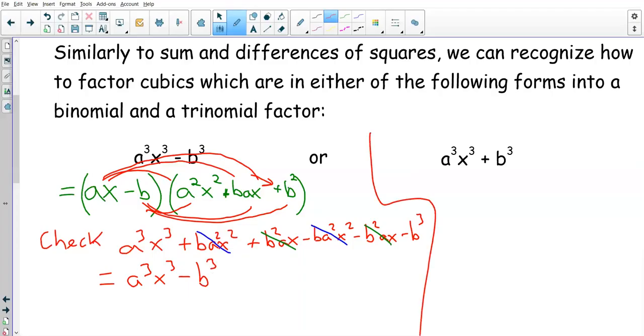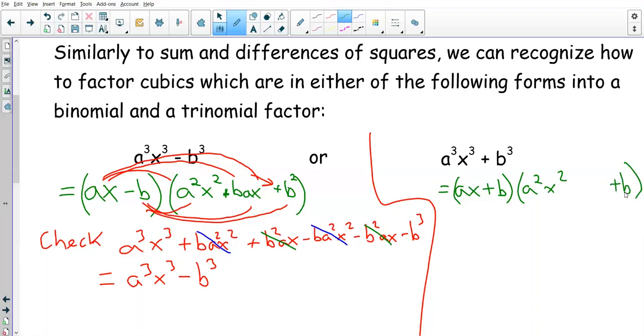Now, if I look at the sum of perfect cubes, it's the same idea, but we're just going to have some sign differences. So I'm going to have an ax plus b as my binomial factor. And then inside the brackets, following the same thought process we had before, we're going to have an a squared x squared to give me my leading term there.